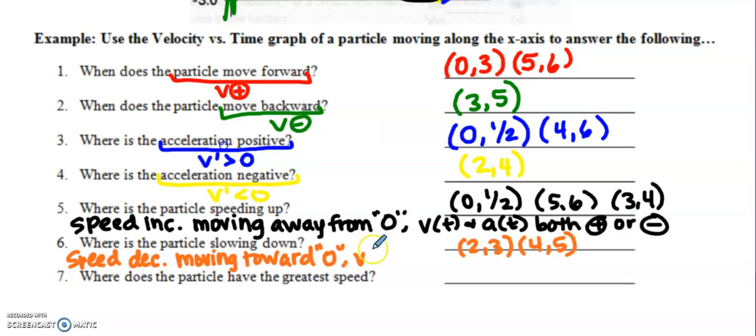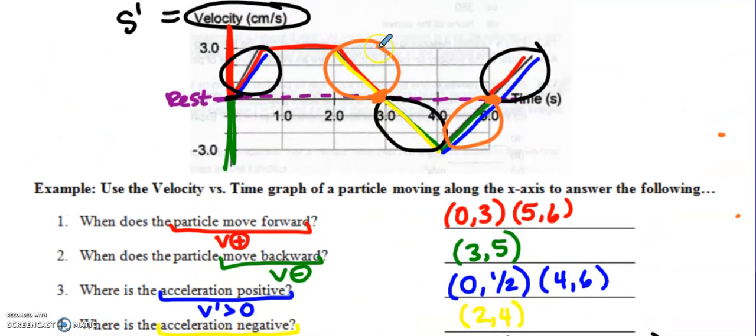And that's going to be because v of t and a of t are disagreeing, okay? V of t and a of t have different signs. So what I mean by that is if you look at this graph, this first interval, v is in positive territory, right? Velocity, I'm looking at it, it's positive right there.